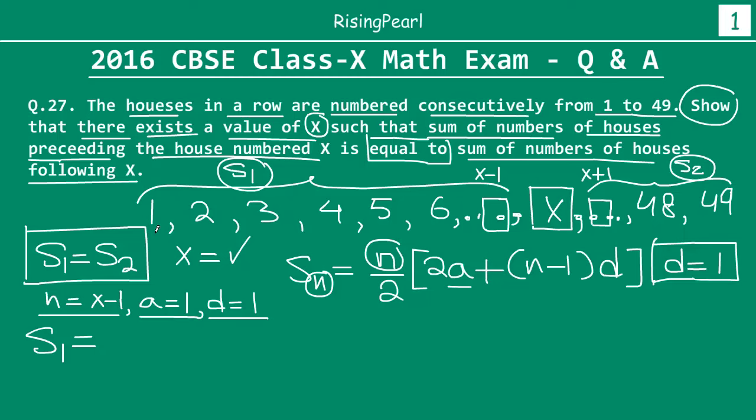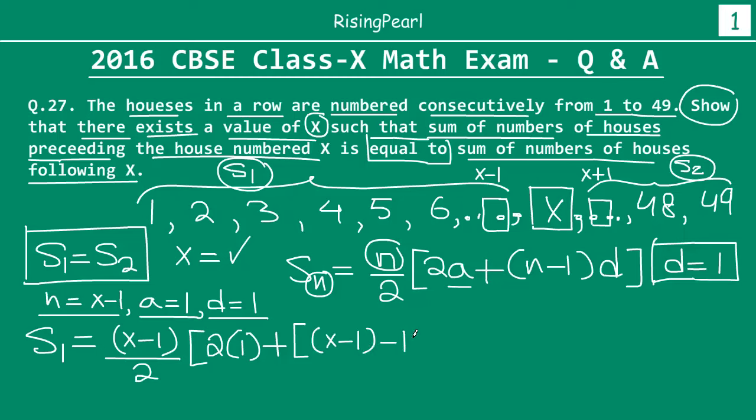So S1, which is the sum of 1 through x minus 1, will be n, which is x minus 1, n by 2 times twice a, 2 times 1, plus n minus 1 times d. N is x minus 1, and d is 1.